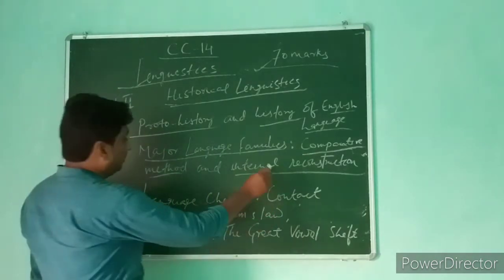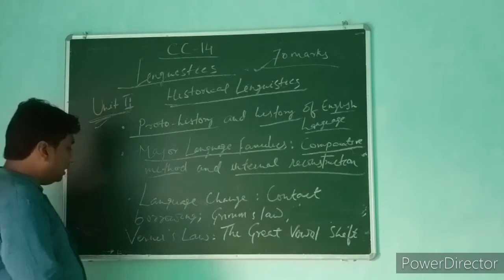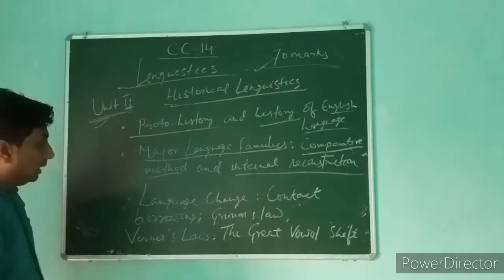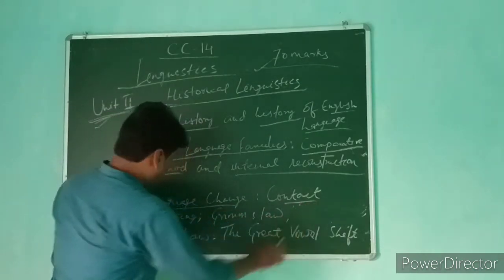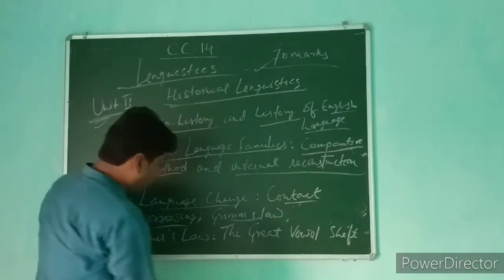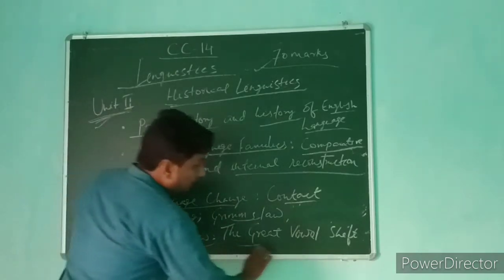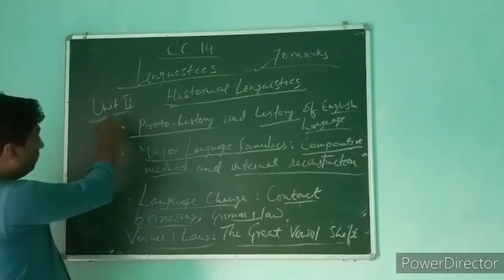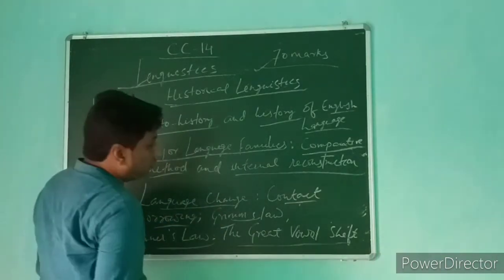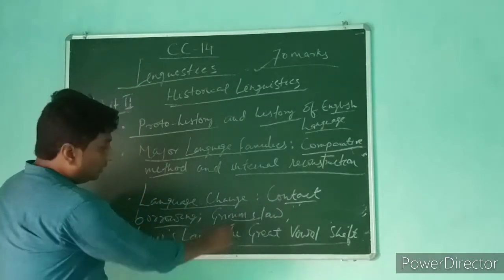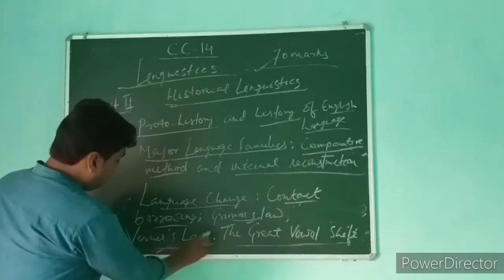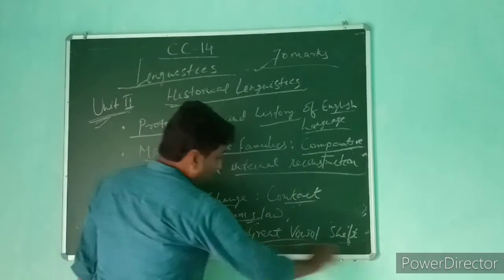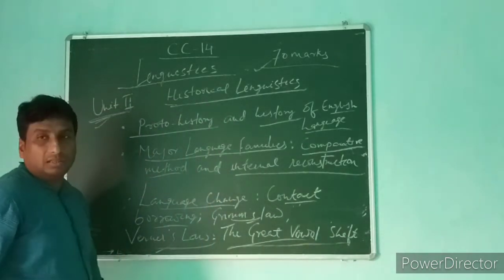The third one is language change, contact borrowing, Grimm's law, and Werner's law, the great vowel shift, right? So the last subtopic within this unit is language change, contact borrowing, Grimm's law, and we have to study Werner's law in the context of the great vowel shift.